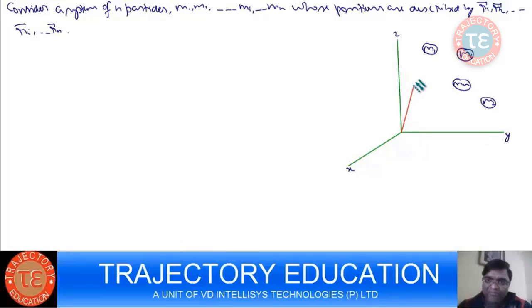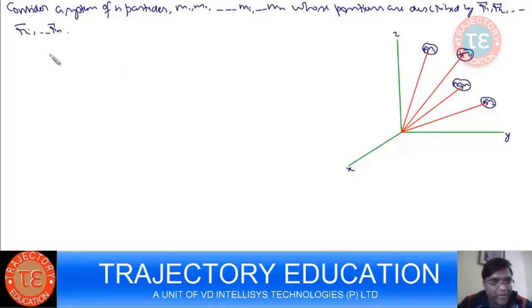And these are R1, R2, Ri, Rn. They are denoted by these vectors, right? Consider a system of n particles.